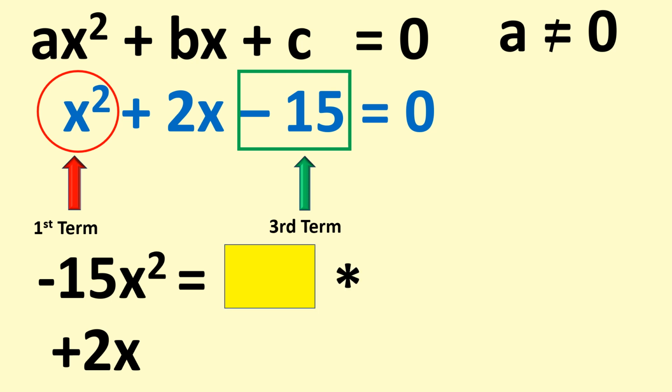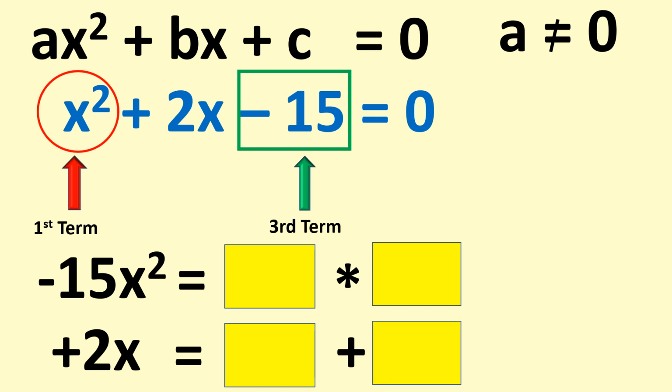So the minus 15x squared is the product of the ax squared term and the constant term. And then the plus 2x is the second term, which is what we call the sum term.